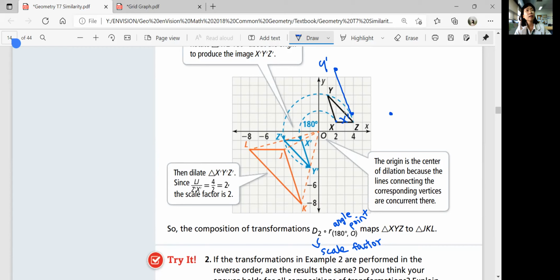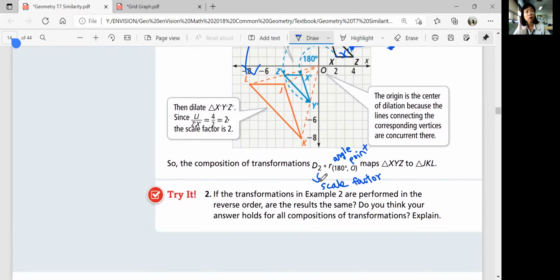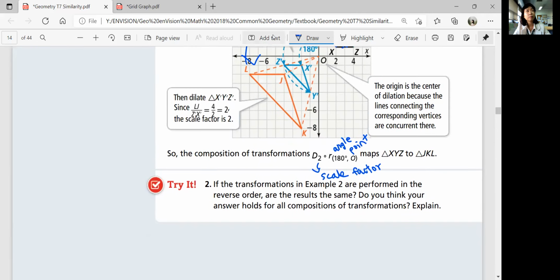So that's a dilation of 2. And then you rotate 180 degrees and it's going to be the same. Ooh, but does it always work for any type of transformation? No, the order does matter. So the first answer is yes.